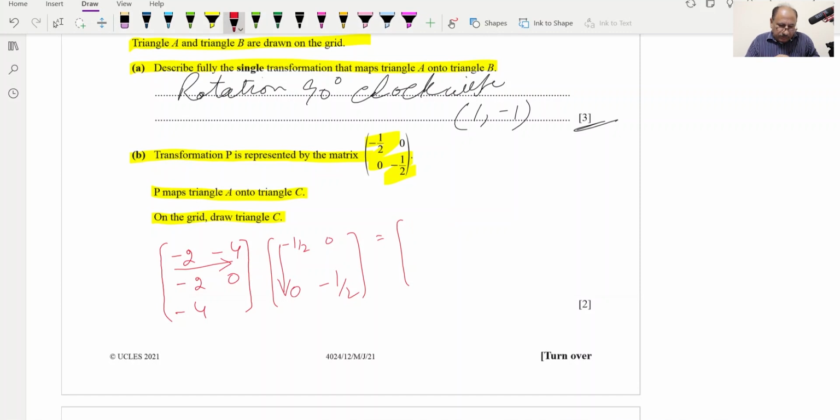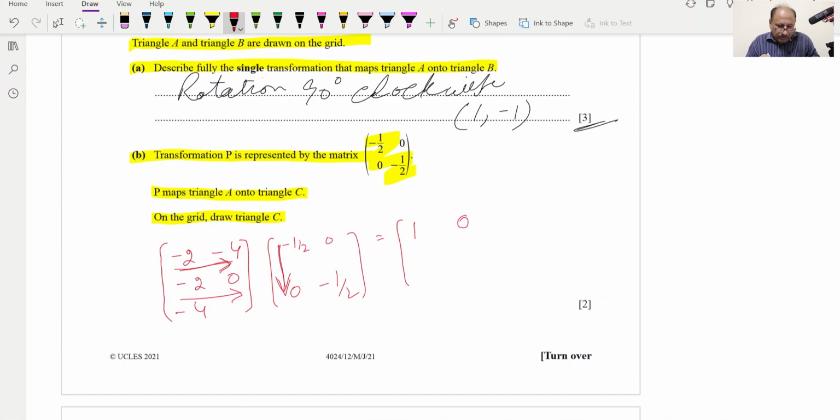Again, if I explain, maybe you are confused. So first row this one, and first column this one. So -2 into -1 by 2 will result in 1, and the second term will be -4 multiplied by 0, which will be 0. So this is the second term of the matrix. Now we'll take the second row and first column.